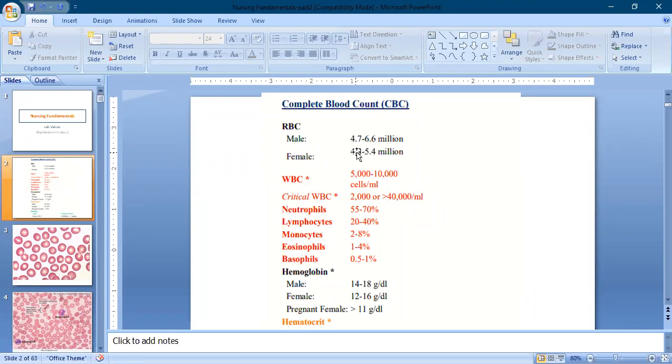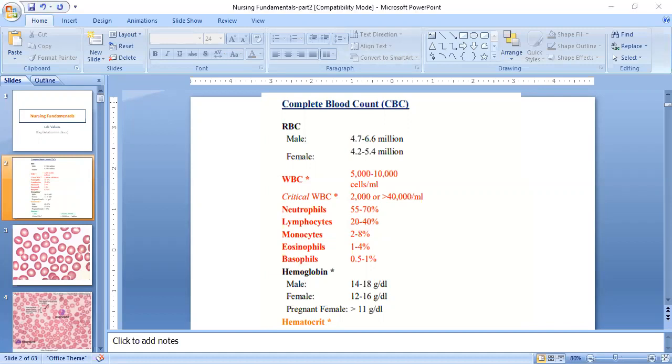So I told you for the NCLEX board we have to know the normal range of red blood cell. As I told, it is 4.5 to 5 million, or categorized 4.7 to 6.6 million in case of men, and 4.2 to 5.4 in case of female.